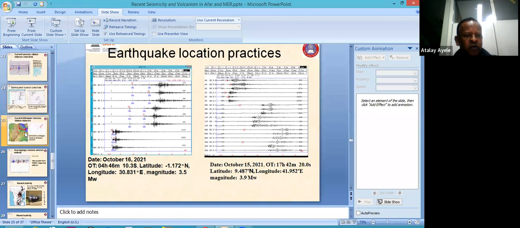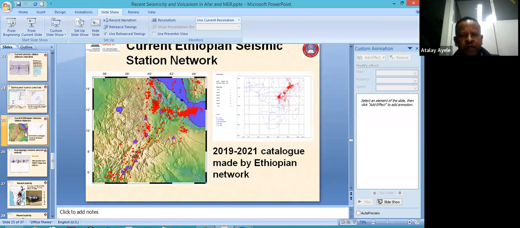So we carry on with that kind of culture, and recently we had a workshop in Uganda. This is the Ethiopian contribution, the one that you see on the right panel, which shows a lot of events from the Afar region to the Albert Rift, and it's quite encouraging, though it's not perfect.